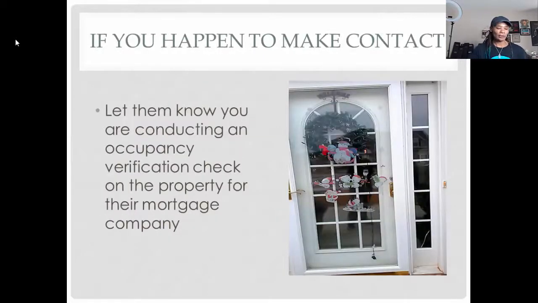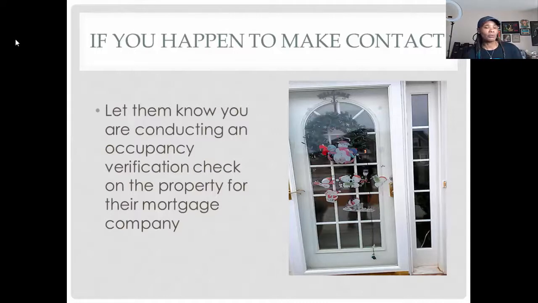But before you check with a neighbor, if you knock at the door because you couldn't tell if it was occupied or not, and somebody comes to the door and asks who are you, what do you want? Just simply let them know that you are conducting an occupancy verification check at the property for their mortgage company. And that's it.